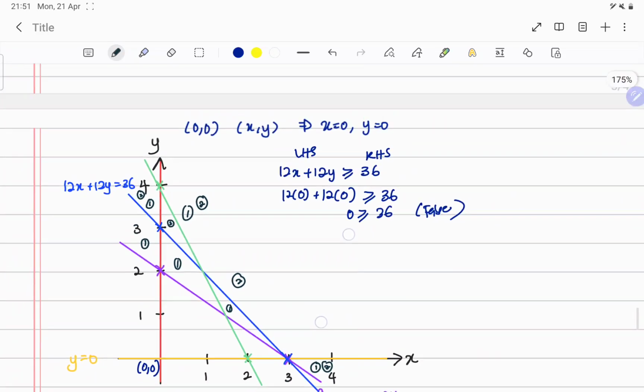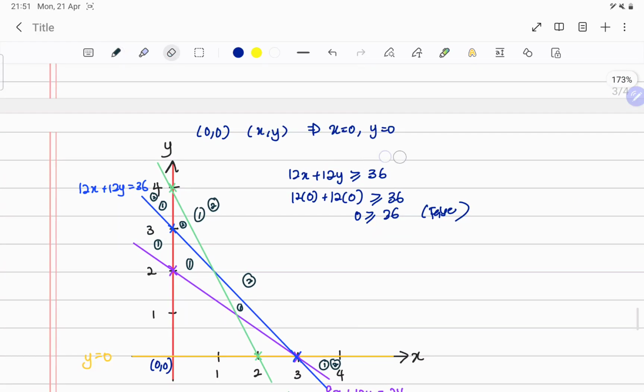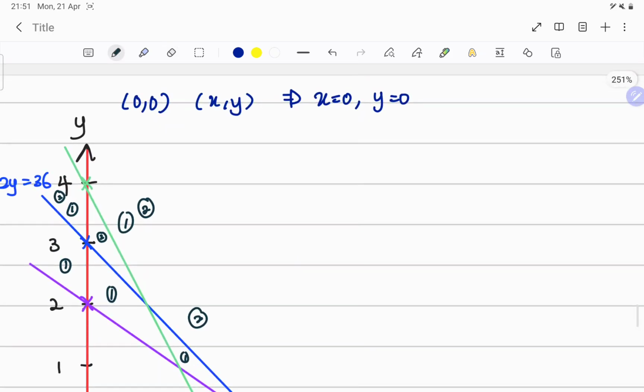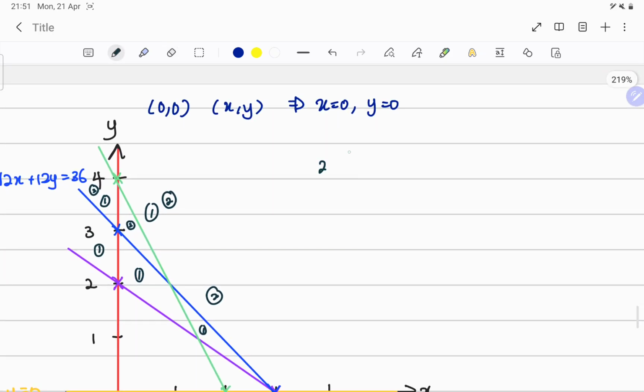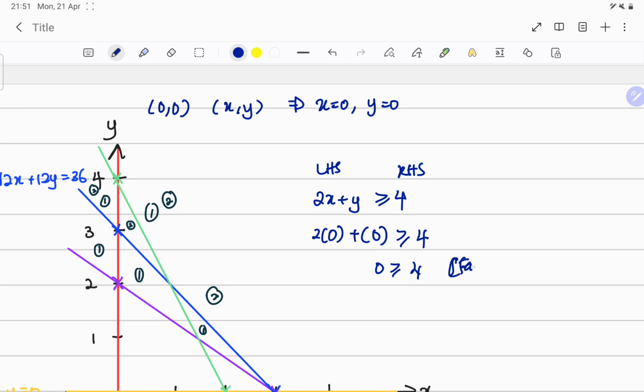Now the next one, we have another equation, which is 2x plus y greater equal to 4, and then here substitute, this is left hand side, right hand side, so substitute 0 0, so we get 0 greater equal to 4, which is false as well.